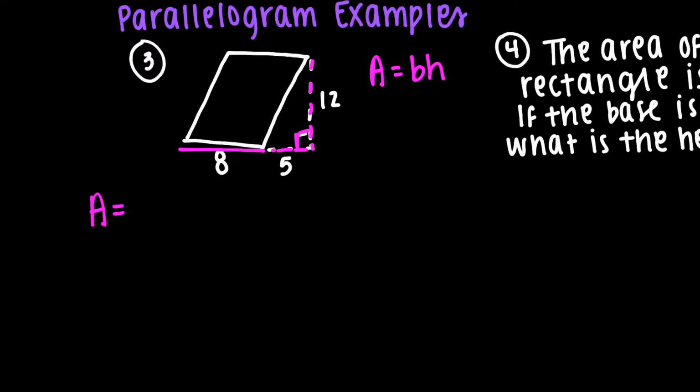You do not add 8 and 5 because 5 is a dashed line. If it was solid, then you would add them. So 8 times my height, which is the height of that triangle, 12. So when I do this, you do 8 times 12, and you end up with your area being 96. These ones are more simple when you have one that looks like number 3.